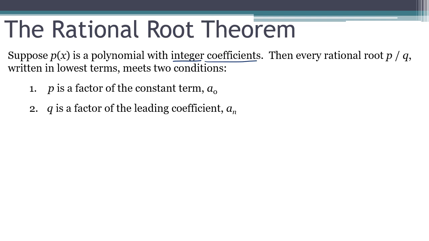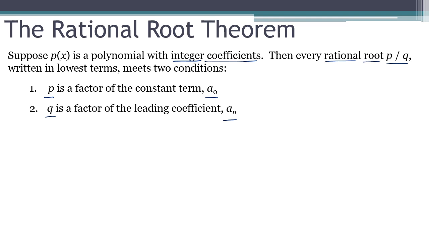Then it says every rational root. Rational roots, those are fractions, ones that look like P over Q, has to meet two conditions. The numerator is a factor of the constant term, and the denominator is a factor of the leading coefficient. That's the coefficient that's out in front.